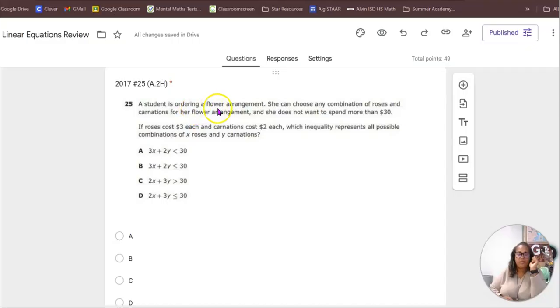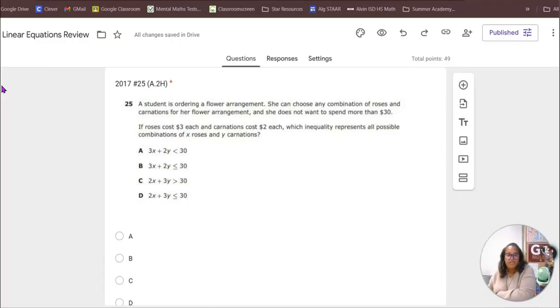Okay, let's go to another one. It says a student is ordering a flower arrangement. She can choose any combination of roses and carnations for her flower arrangement, and she does not want to spend more than $30. If roses cost $3, that's X roses, so 3X. And carnations cost $2, that's plus 2Y.